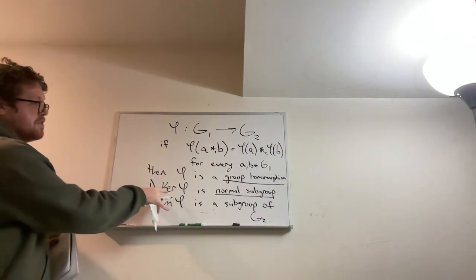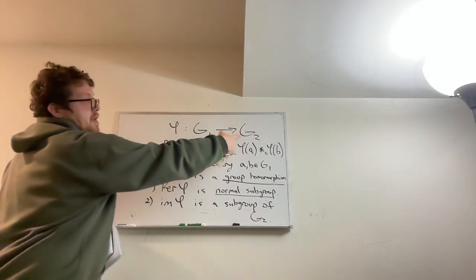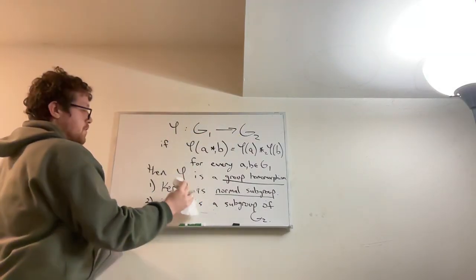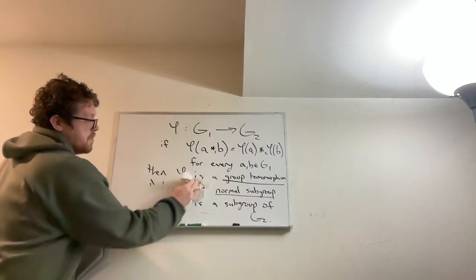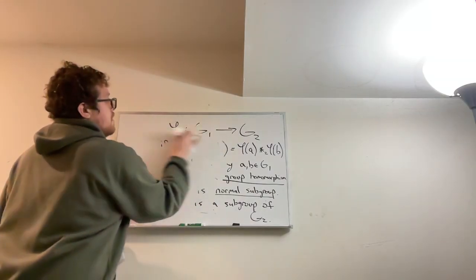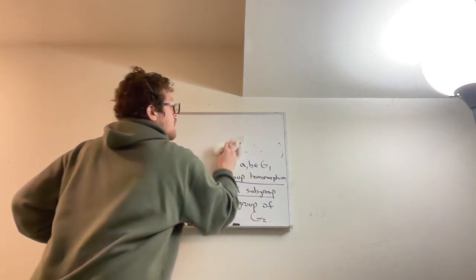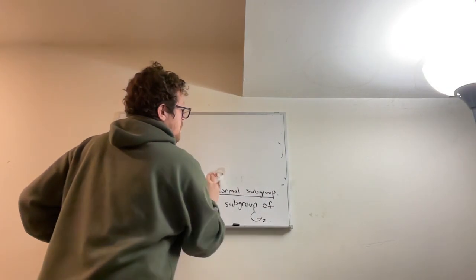Right, so first statement is the kernel is a normal subgroup of G1. The image of the map in G2 is a subgroup of G2. And the last statement relates these subgroups to each other in a certain way.